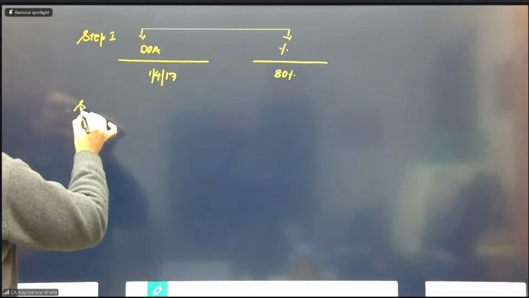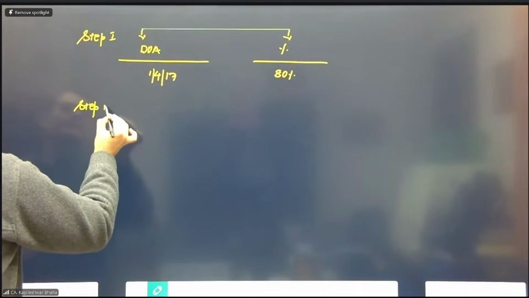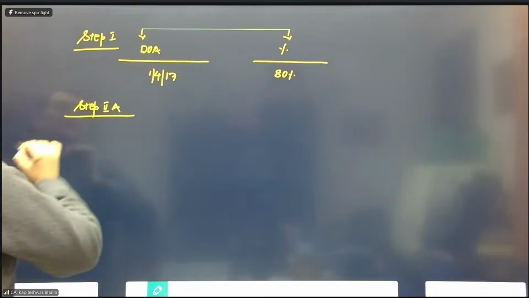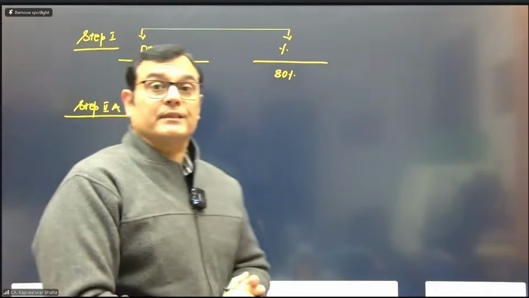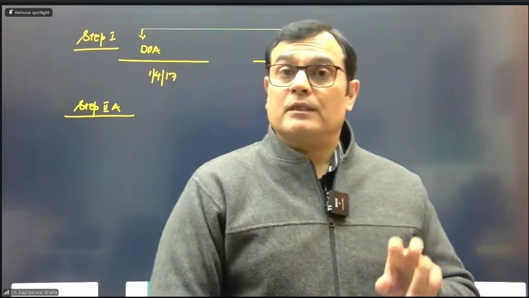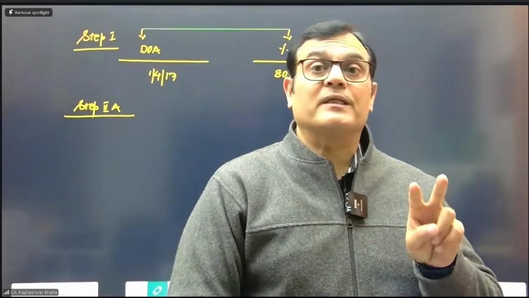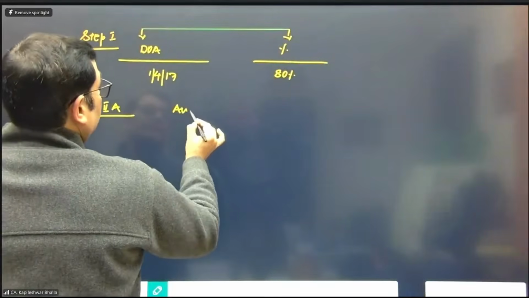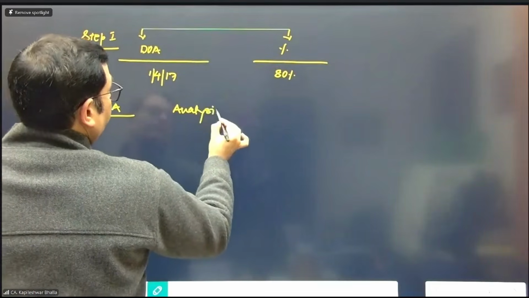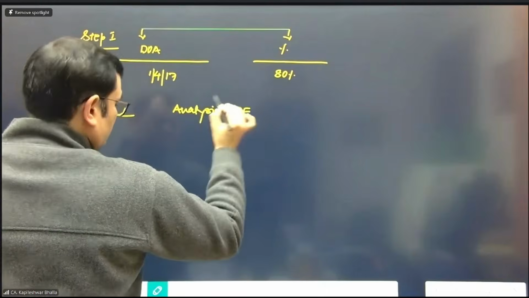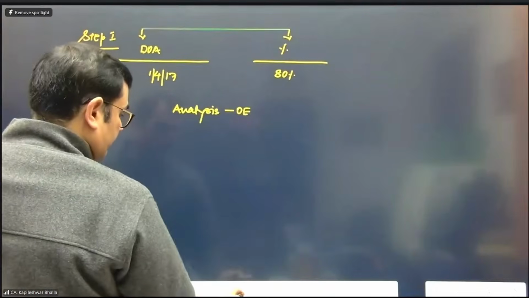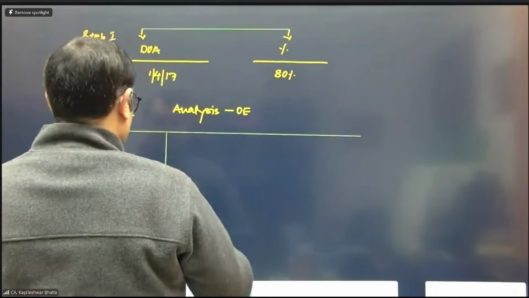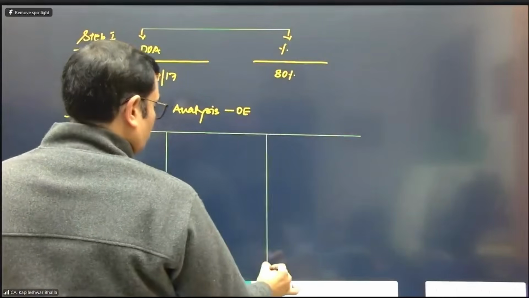And then we know in the background that this is a question of the category, which is acquisition. The consolidation is at a later date. So which means there are 2 steps, step number 2A as well as step number 2B. So let's do step number 2A, analysis of other equity. So we'll first make a chart. 1 column for the particulars, then pre and post.